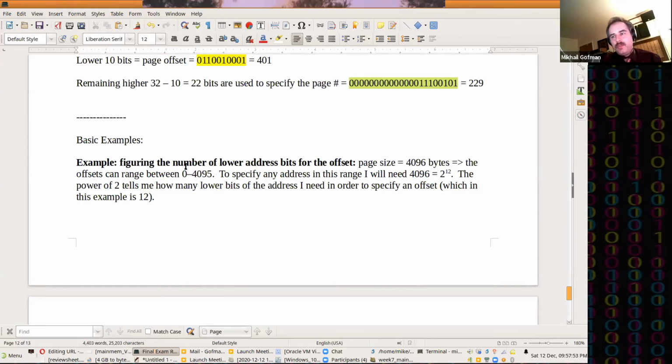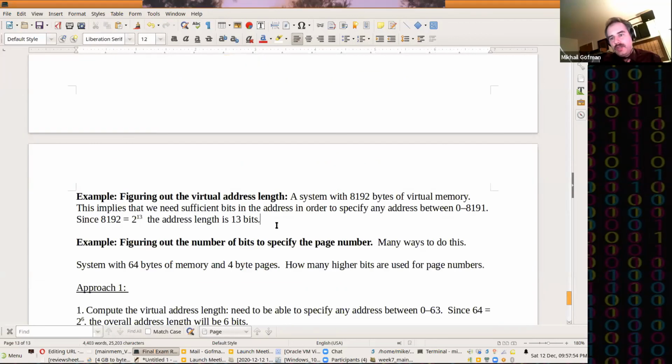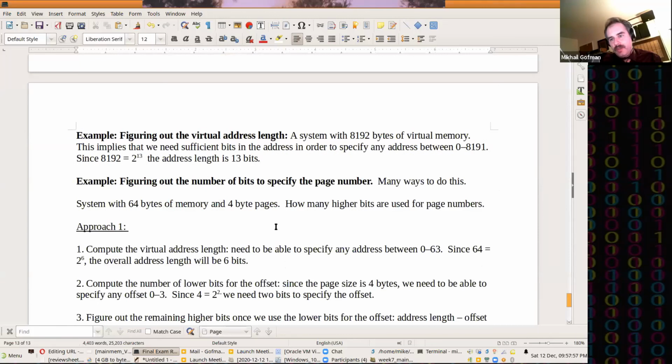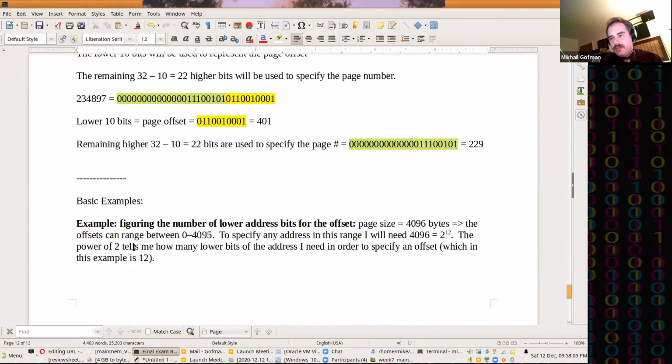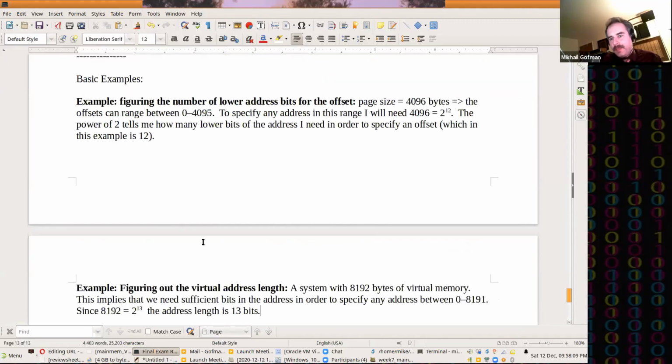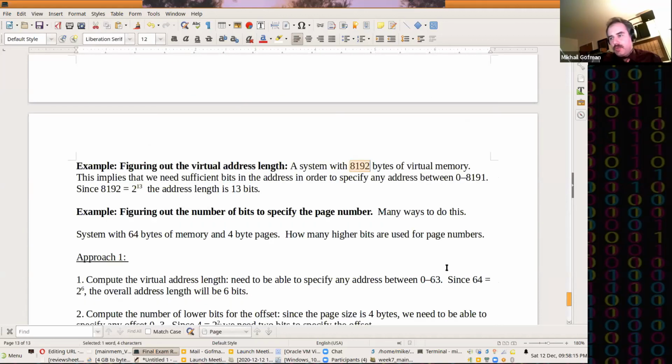Okay, so if we look, for example, right here, let's look at the very basic example again. Let's say that I have a system, and each process in the system has 8,192 bytes of virtual memory, okay?